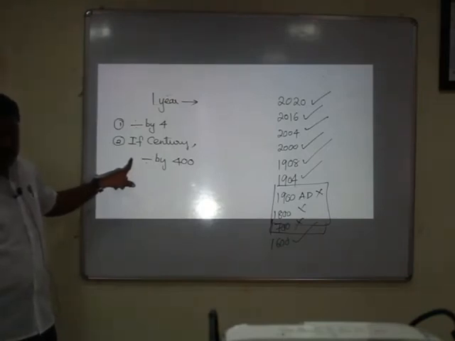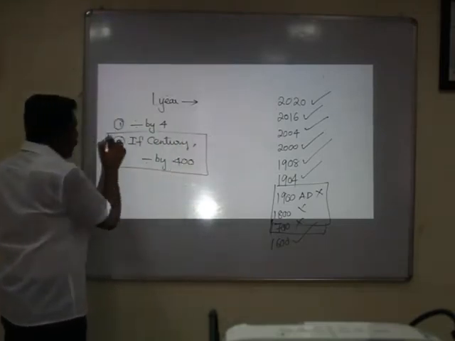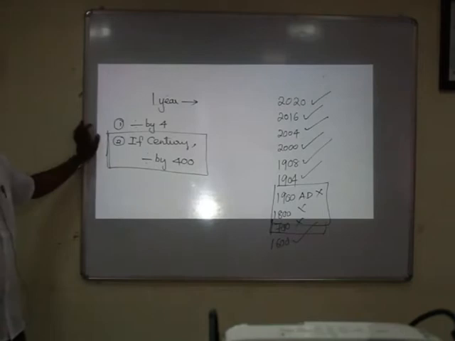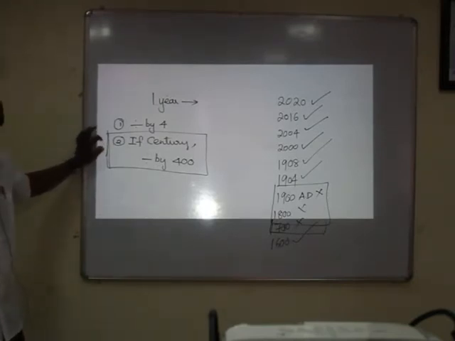Now if you ask me why I have the second condition, it is because the time taken by Earth to complete one revolution is actually not 365 days and 6 hours.